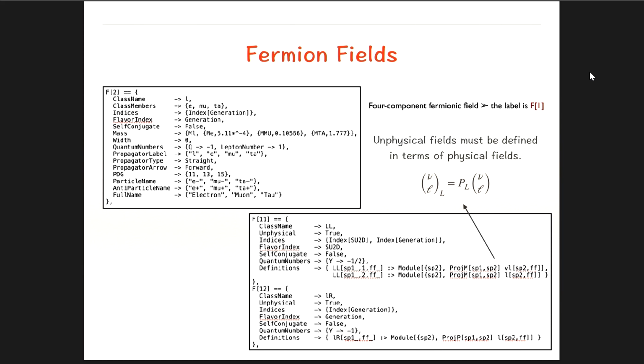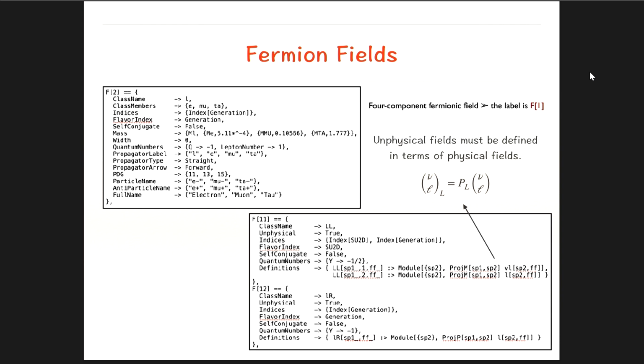I think if you wish, you can include the decay widths of muon and tau. Then the quantum numbers: because these are the physical fields, there are 2 quantum numbers that we associate. One is the electromagnetic charge and one is the lepton number. So the electromagnetic charge is -1 and the lepton number is 1.